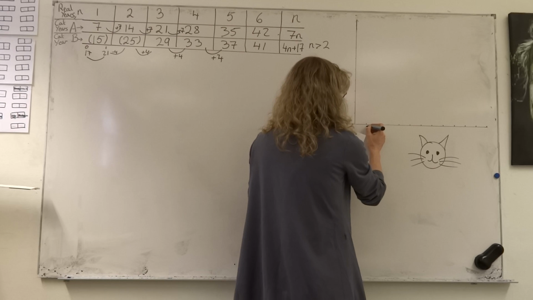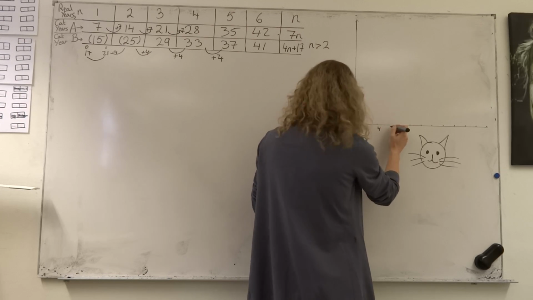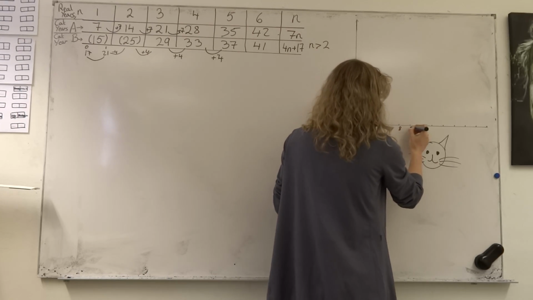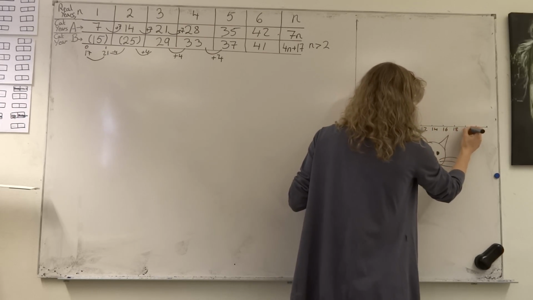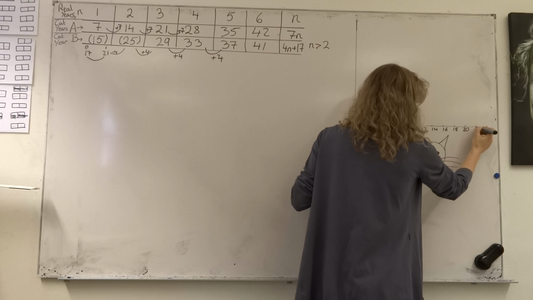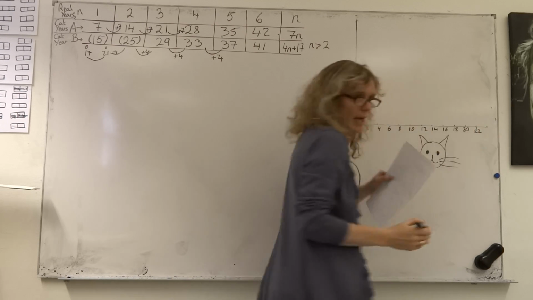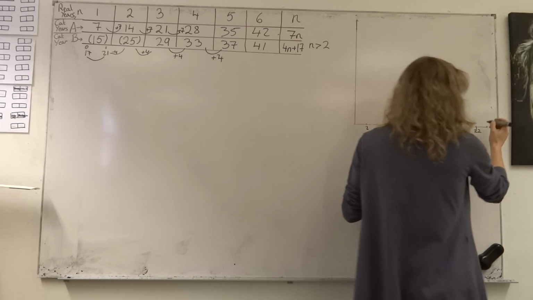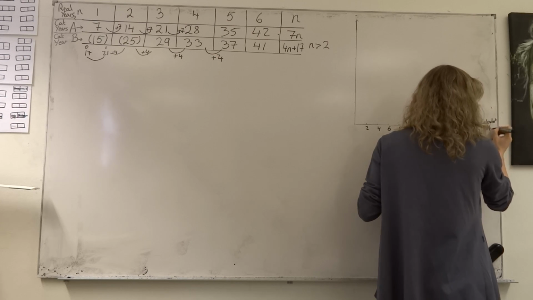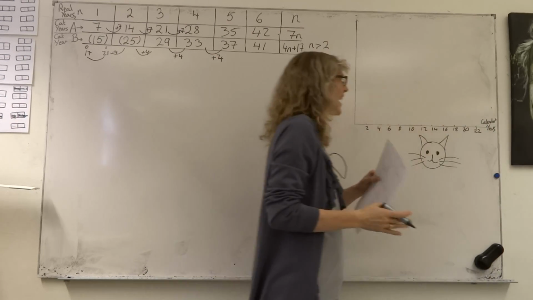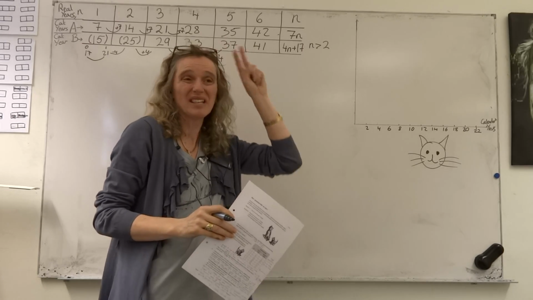Well, if we take 2, 4, 6, 8, 10, 12, 14, 16, 18, 20, 22. This is calendar years. This is real years. A cat can live to be about 20, 22.